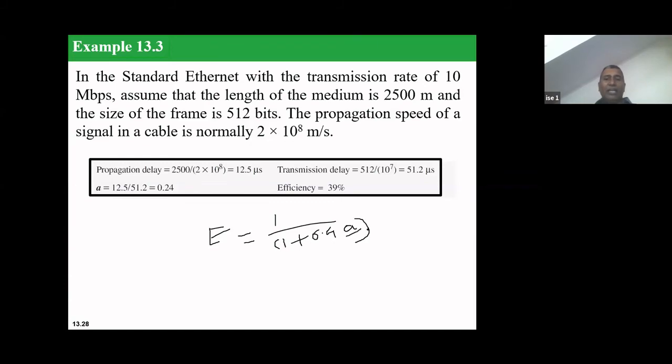The value of a is 0.24, so 1 plus 6.4 into 0.24, and 1 divided by this whole value will give you 0.39. If it gives 0.39, that is 39% efficiency.